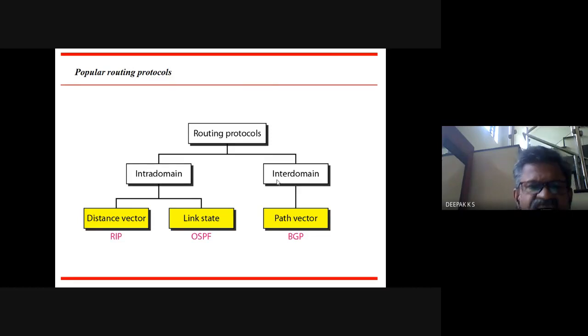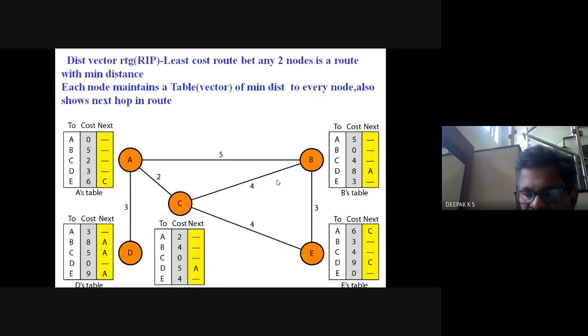So we will start with distance vector routing. What is it? Distance vector routing, the Routing Information Protocol, RIP. This is an intra-domain protocol within an autonomous system. So you consider a network.